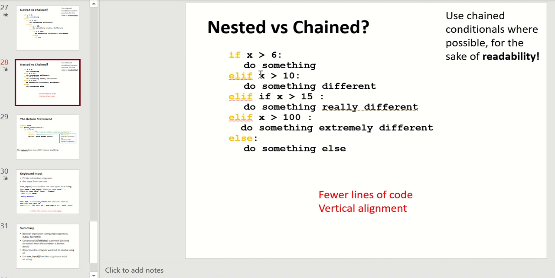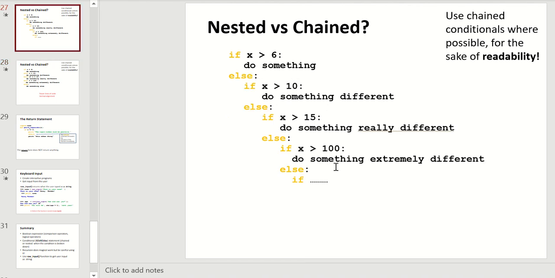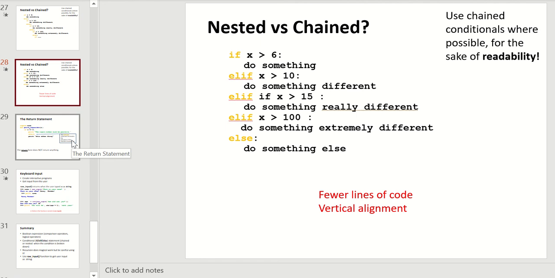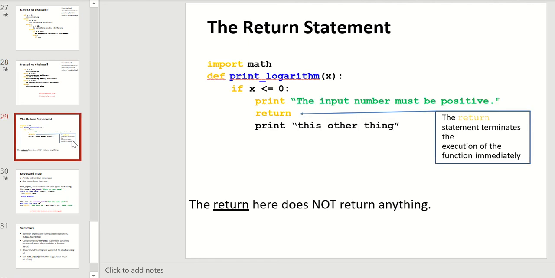And all of the tokens here, if, elif, elif, elif, else, are vertically aligned. They just line up, so it's a little bit easier to read as a person. But if for some reason you do prefer or you encounter nested conditionals, just know that they'll be interpreted in the same way. Code will still work.